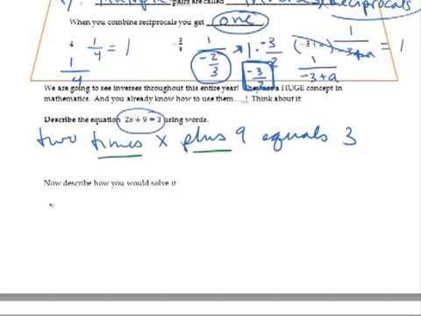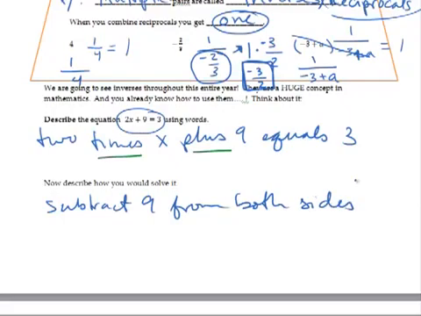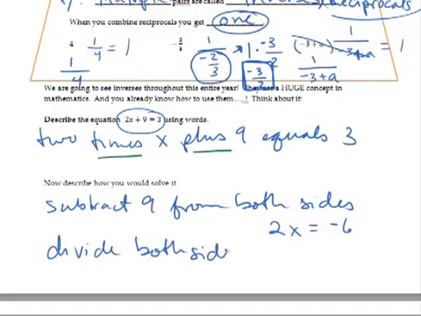Well, we need to move over the 9, so we'd say subtract 9 from both sides. And then once we got the 9 away from both sides, we'd have 2x equals negative 6. Now we'd have to get rid of the 2, so we'd have to divide both sides by 2. And if we divided both sides by 2, we should get x equals negative 3.